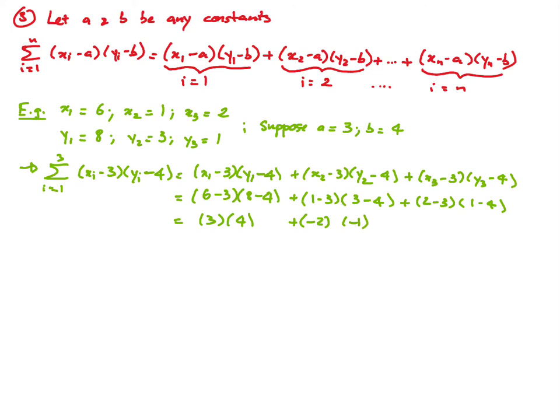And then the last term, 2 minus 3 is negative 1 times 1 minus 4 is negative 3. So the last term is negative 1 times negative 3. This is straightforward. The first term, 3 times 4 is 12. The second term, negative 2 times negative 1 becomes 2. And the last term, negative 1 times negative 3 becomes 3. So you end up with 17 as the answer.